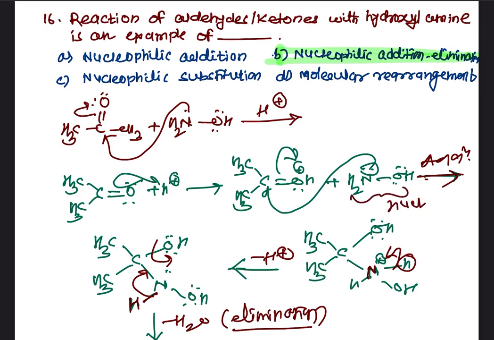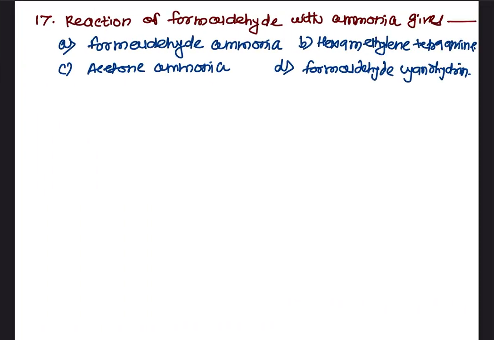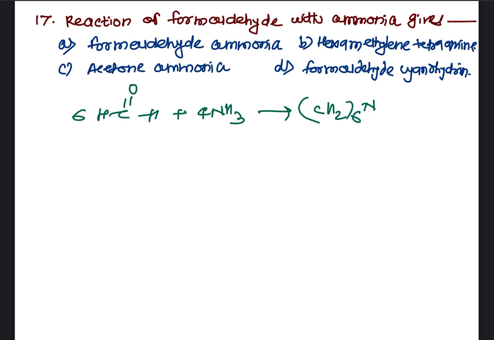So the answer is nucleophilic addition, because this is the nucleophile. Next, a reaction of formaldehyde with ammonia gives, this is an application of a reaction of aldehyde. So the answer is hexamethylene tetramine. This is also said to be urotropin.